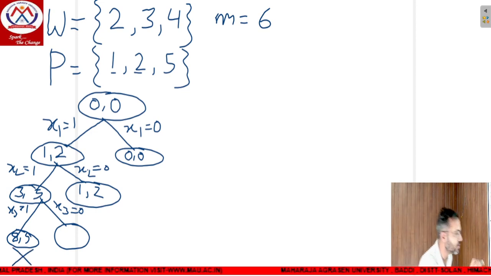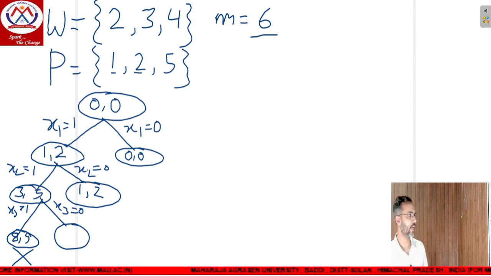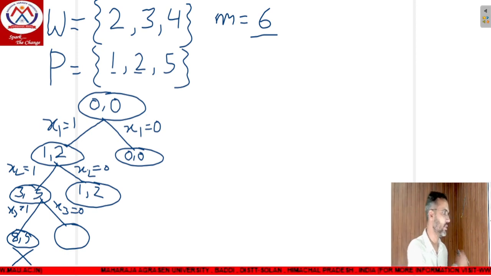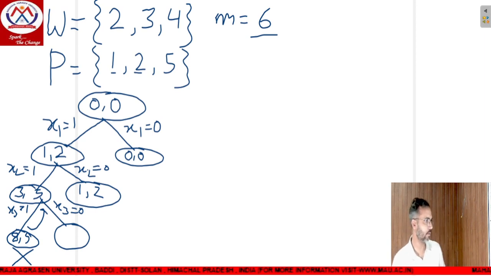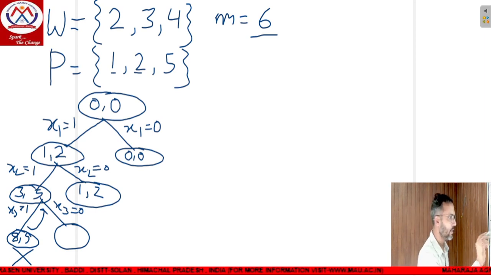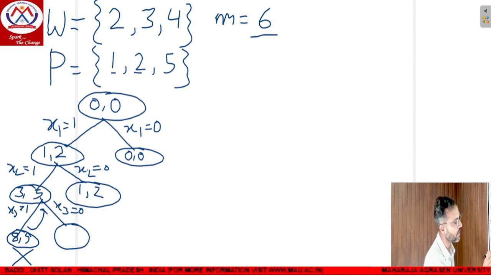Why? Because the knapsack capacity is 6 and a weight of 9 cannot be accommodated. That's why we cross that node and backtrack to the previous node. Now we are not considering the third item.